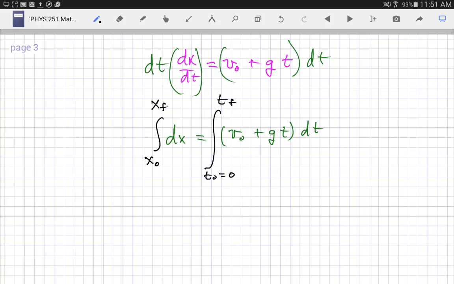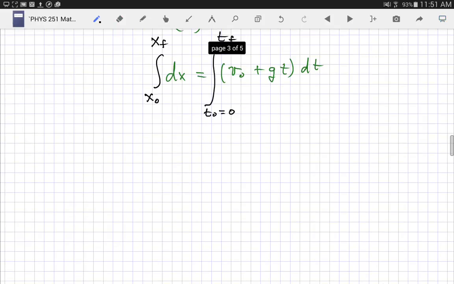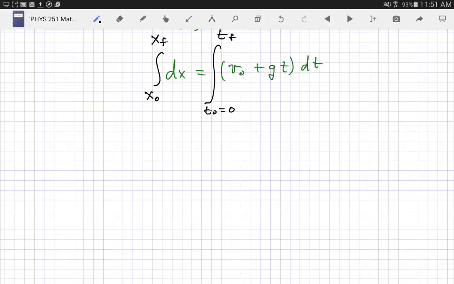It's because it's technically bad math to have the integral dt and then having t as the limit as well. You can't have the limit and the variable of integration the same. That's bad form. And so that's why I have the t final, and then later I change it back to t. Because I don't want to be a bad mathematician, even though I'm a physicist and no one cares.